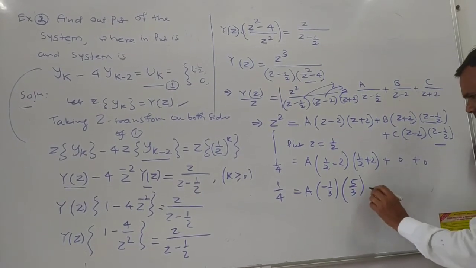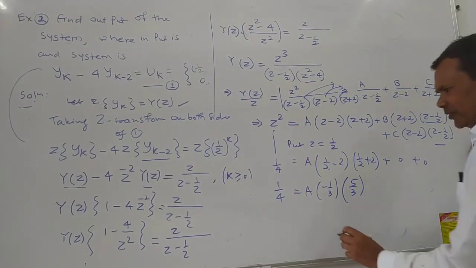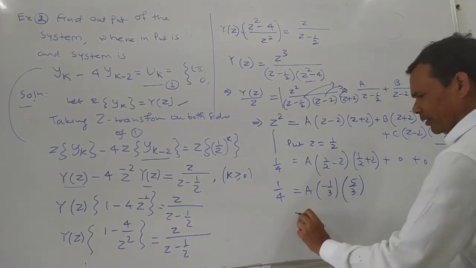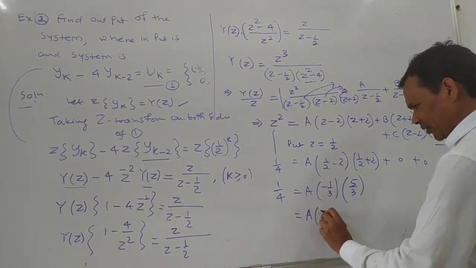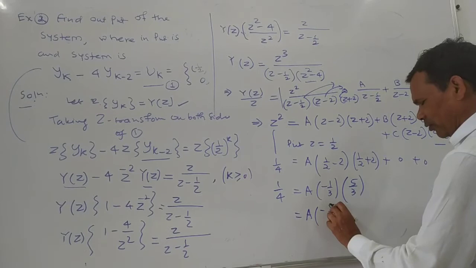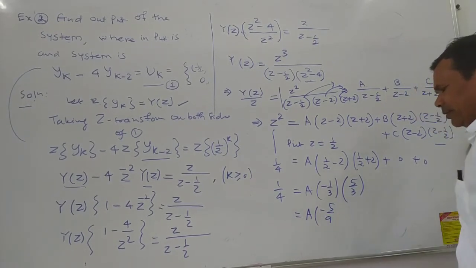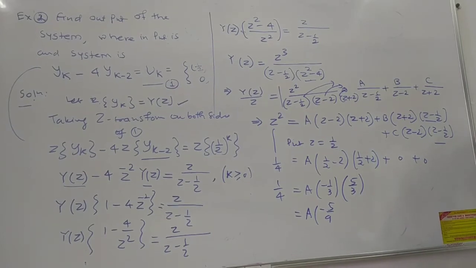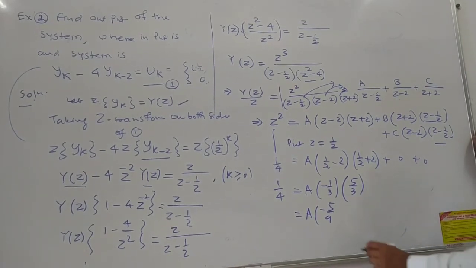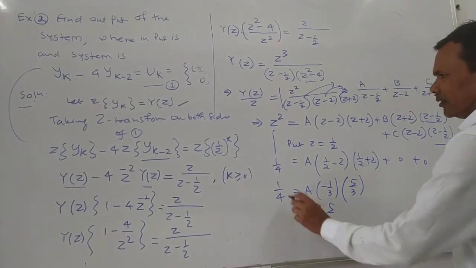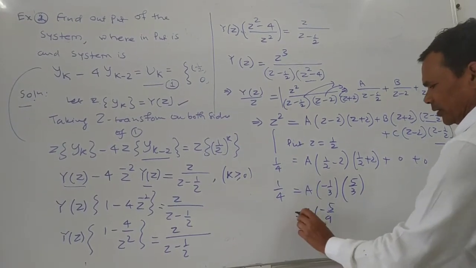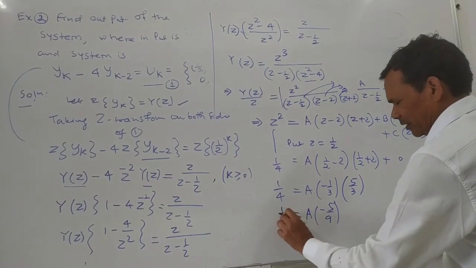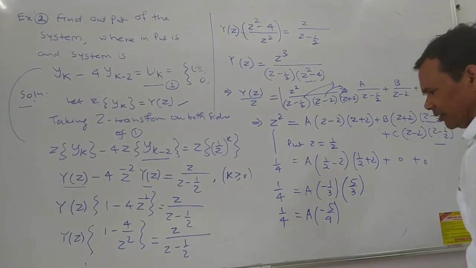Okay, and if you simplify this, it would be a minus 5 by 9. If you simplify this, then you may be getting these values here.